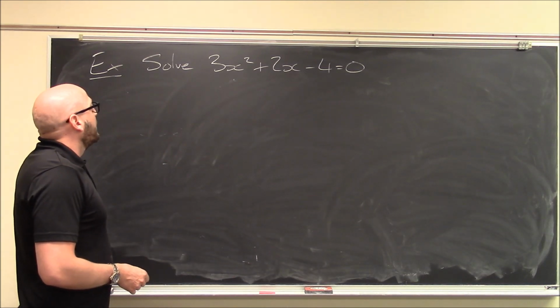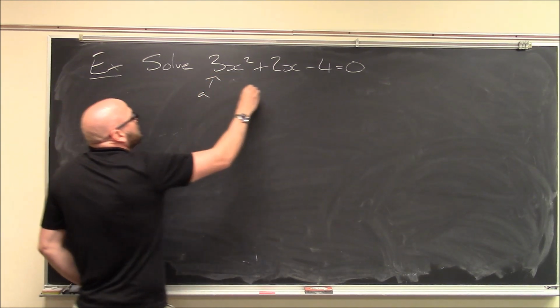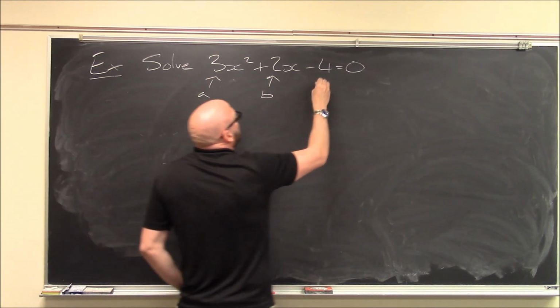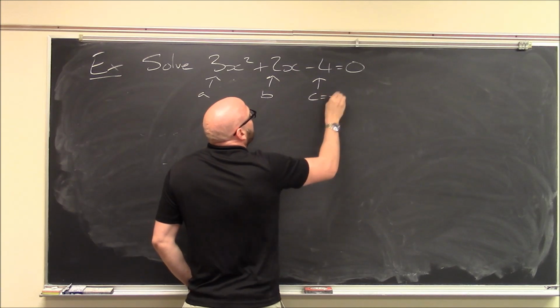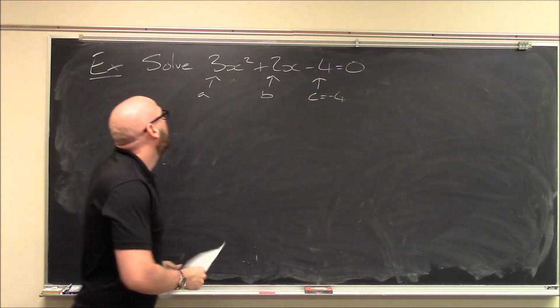So instead of doing that, I'm going to go straight to the quadratic equation. I'll note that a is 3, b is 2, and c is minus 4. Remember, it's of the form plus c, so it's plus minus 4.